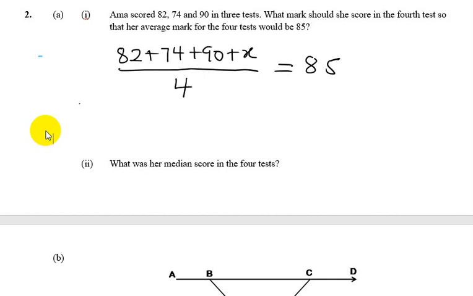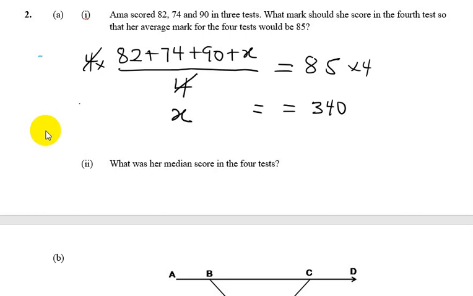Please, is it clear? So we are getting this, but we are finding for x. So we'll multiply this side by 4 and also multiply this side by 4, and this 4 and this 4 will cancel out. So we are going to get this answer equals 340, then equals x.